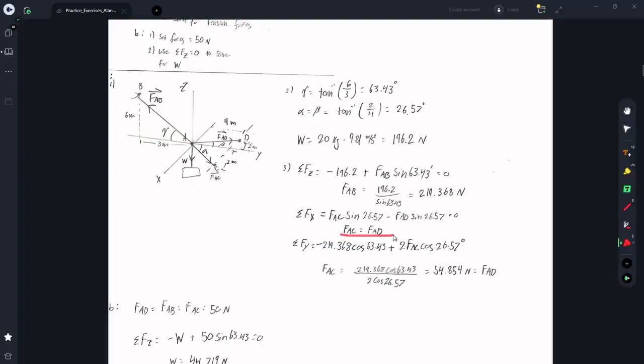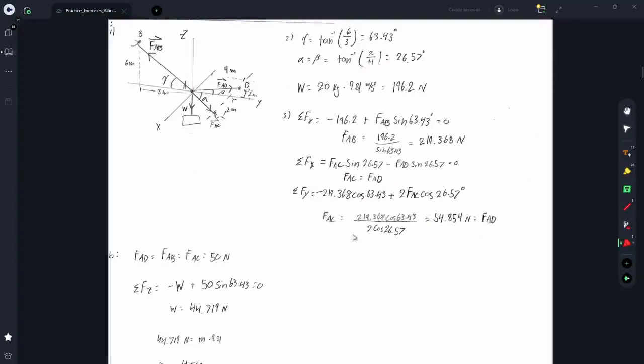And then because FAC and FAD are equal, I didn't do FAC plus FAD. I just did 2 times FAC cosine of the angle to get the y projection, and that way I could solve for FAC, which was 54.854 newtons, which is equal to FAD.